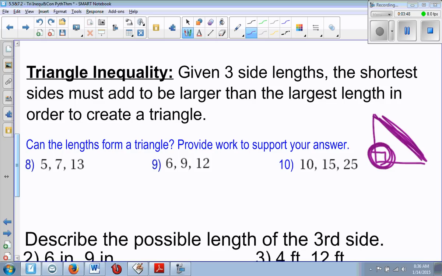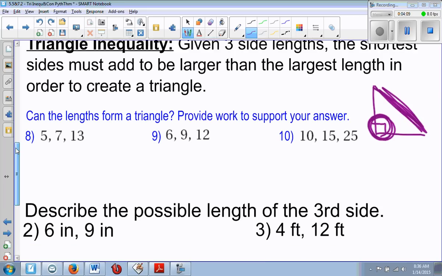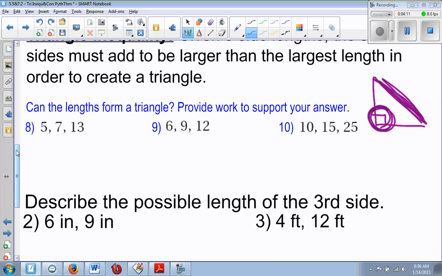The next thing we're going to talk about is that anytime I have 3 side lengths, the only way that I can create a triangle is if 2 of the side lengths add up to be longer than the third side. That's the only way you can make a triangle. So if I add up 2 of the lengths, they have to be longer than the third side. Now, looking at these 3 problems down here, in order to figure out whether I can create a triangle, all I need to do is look at my 2 shortest sides, in this case 5 and 7.